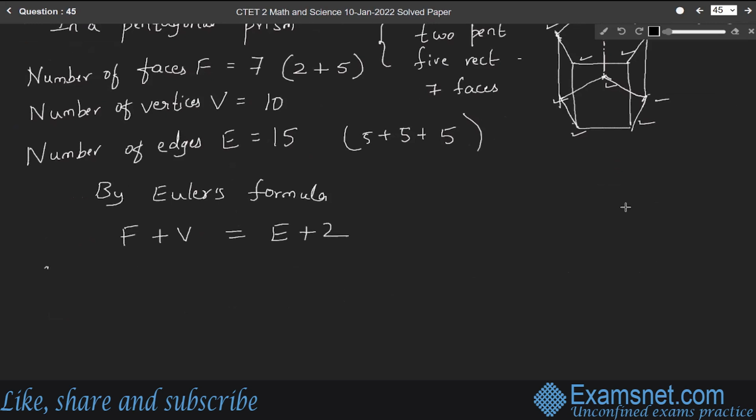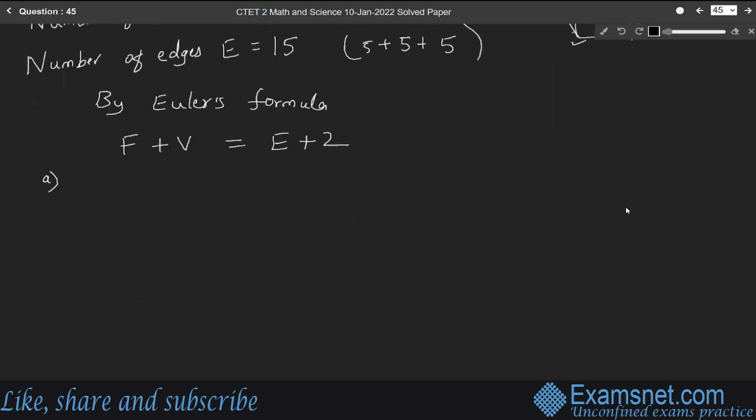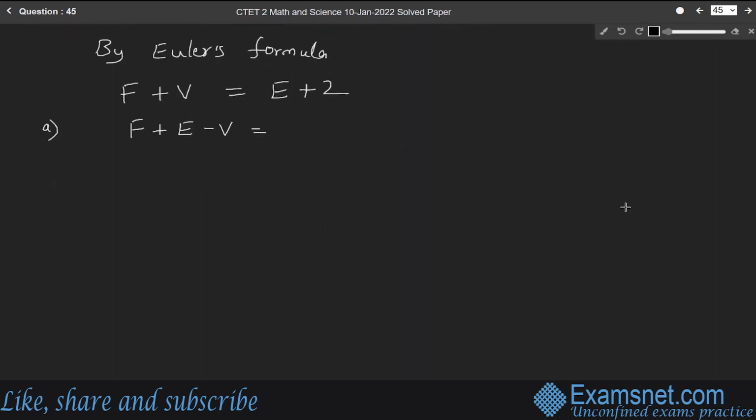So check with the first option, F plus E minus V. F plus E minus V is equal to, the number of faces in the prism is 7 plus 15 minus 10.